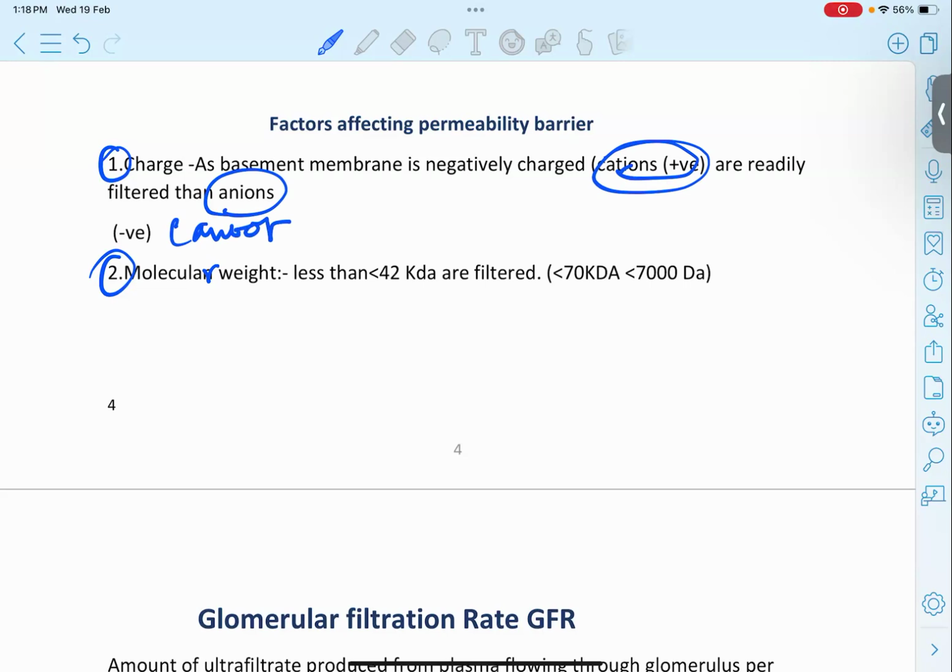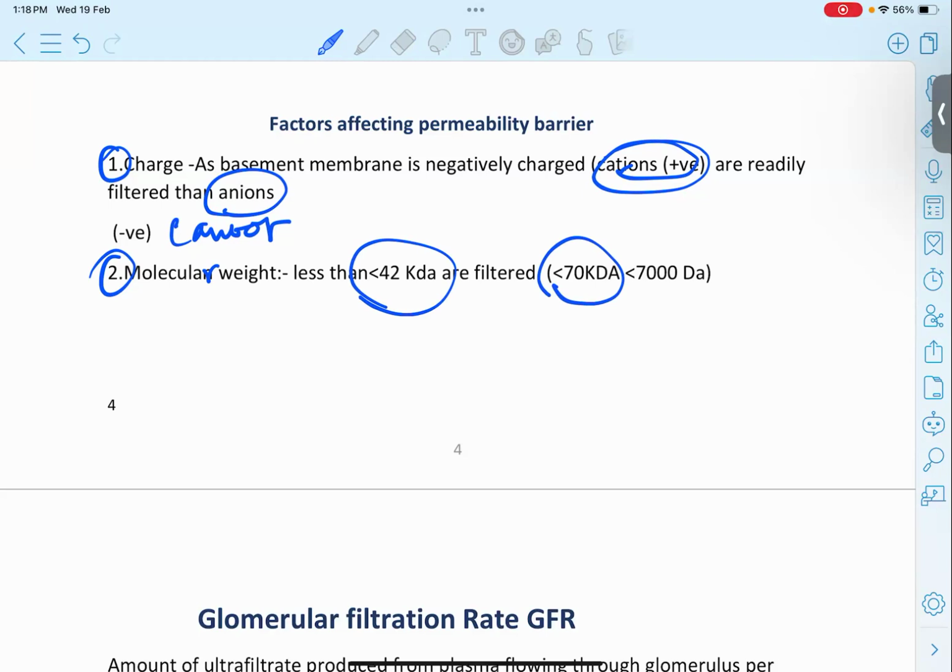Next is the molecular weight. kDa is the unit of molecular weight of the particle. A bigger particle cannot pass through, a smaller particle can pass through. I have got two pieces of information. In one source, they have written less than 42 kDa. In another, they have given less than 70 kDa.